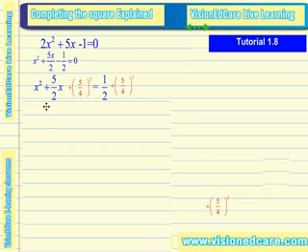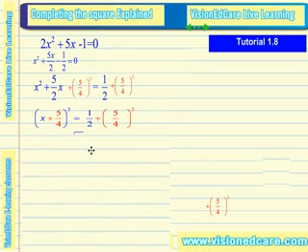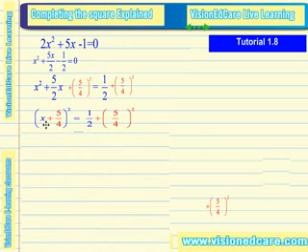Okay, now the left hand side of the equation here can be expressed as x plus 5 over 4 all squared, and we simplify the right hand side. So in this case the left hand side is going to be x plus 5 over 4 all squared is equal to a half plus 5 squared over 4 squared, and when simplified gives us 33 over 16.